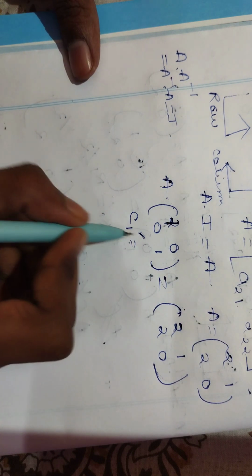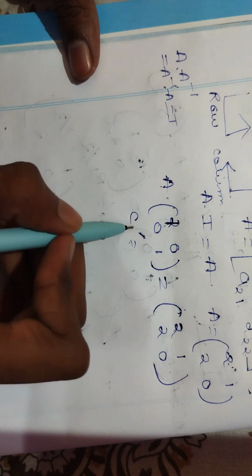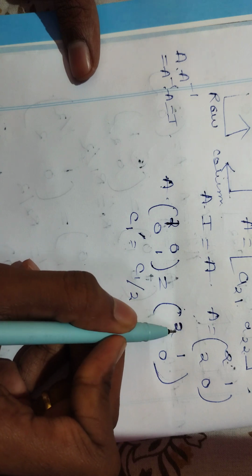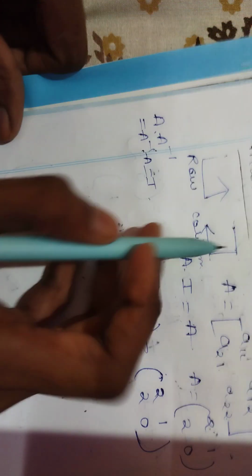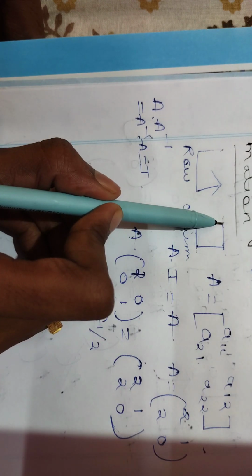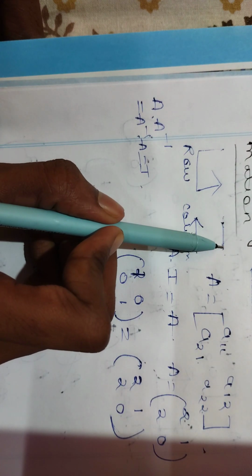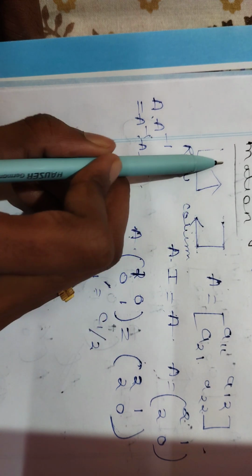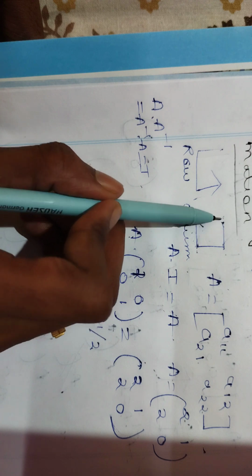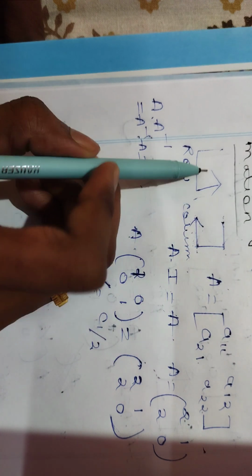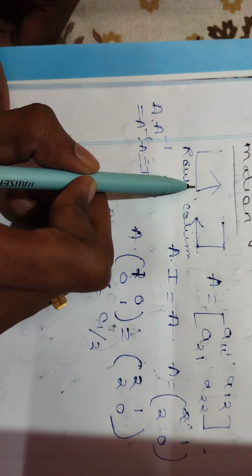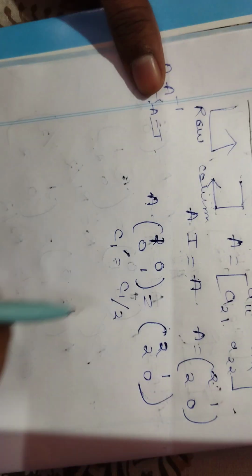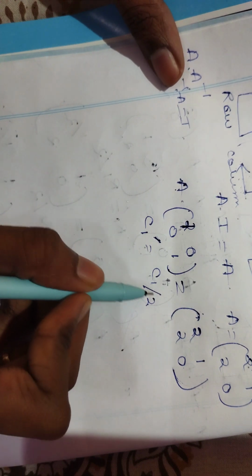So C1 dash equals C1 divided by 2. If we divide by 2, then it will become 1. The element should be made 1, this element 0, this element 1, and this element 0. This is the trick. For row transformation, it should be like this. For column transformation, it should be like this. If you have not seen the row transformation video, I request you to watch that video first, then follow this video.